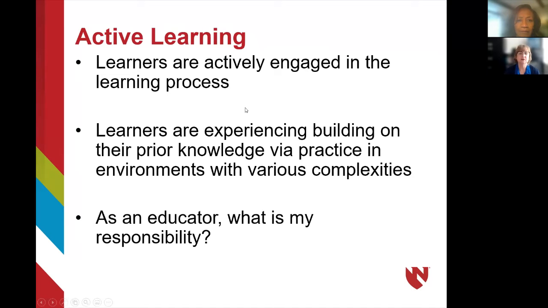This is a very learner-centered process. We are asking learners to build on their prior knowledge or their experiences by practicing in environments with various complexities. So as an educator, what is your responsibility in creating active learning strategies?